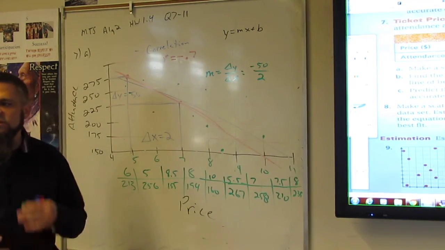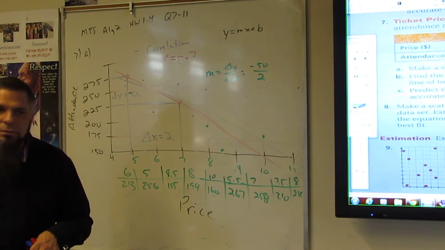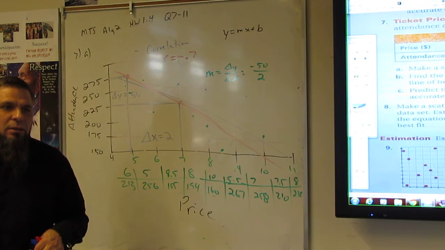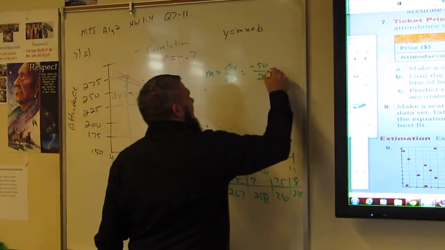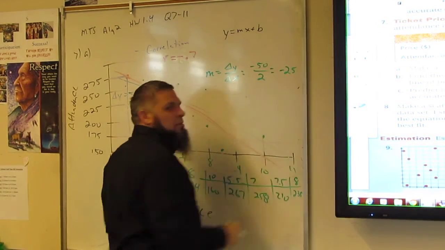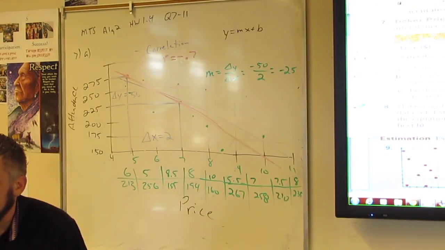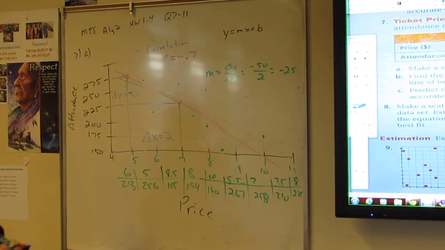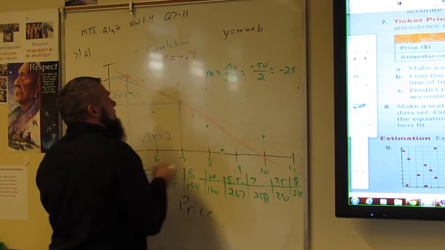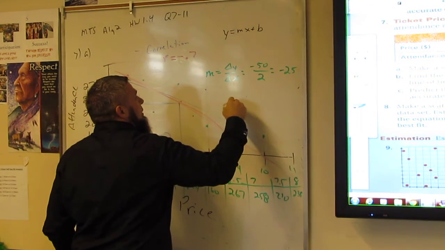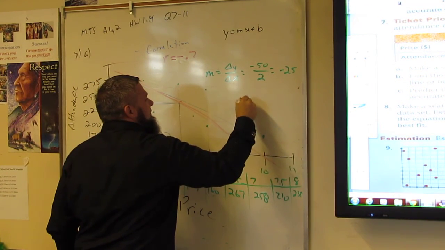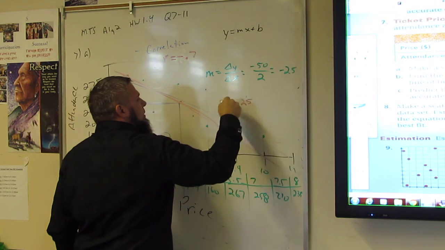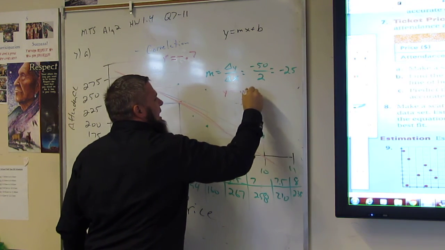Okay, does that reduce to what? Negative 25. See how nice that is? Those numbers are good. Those numbers are nice, right? So now, I plug it into the equation. M is negative 25, right? Y equals mx plus b.